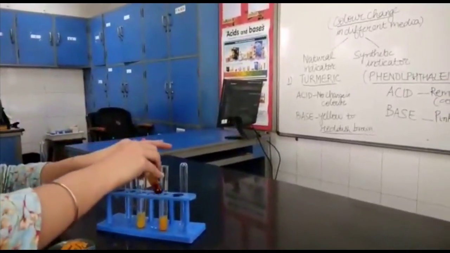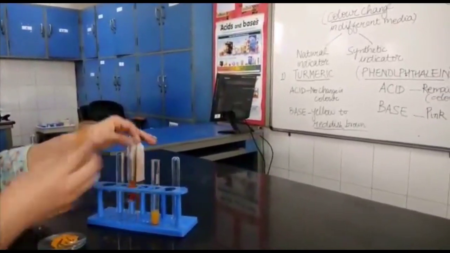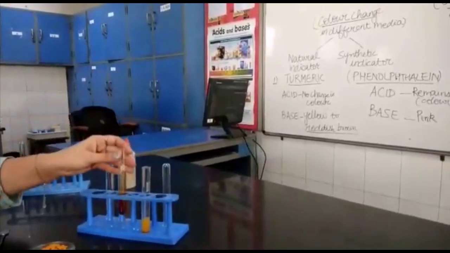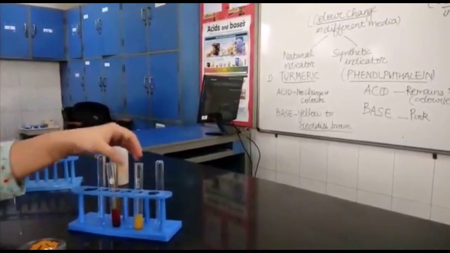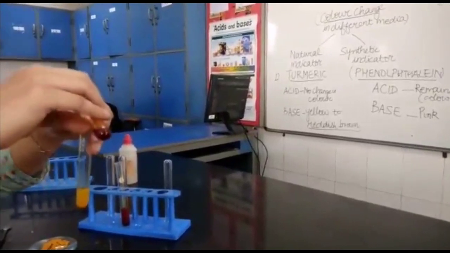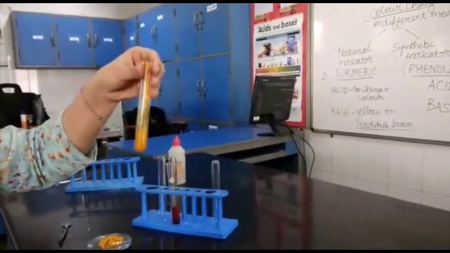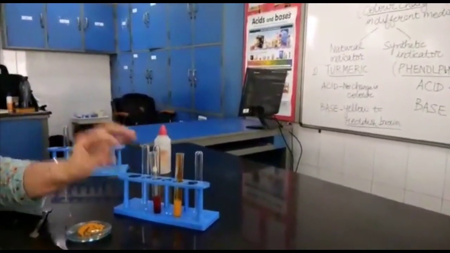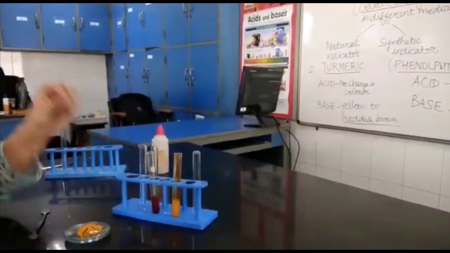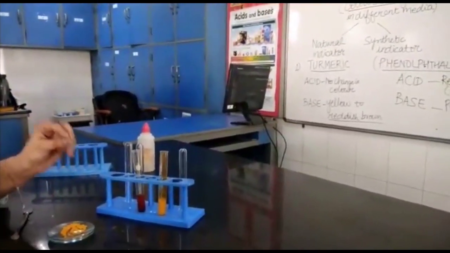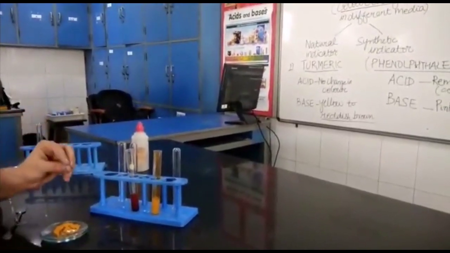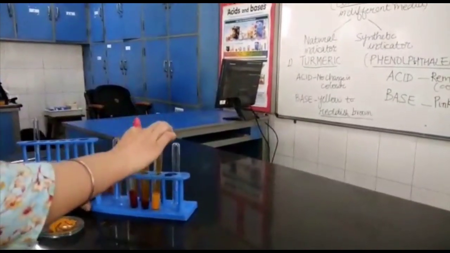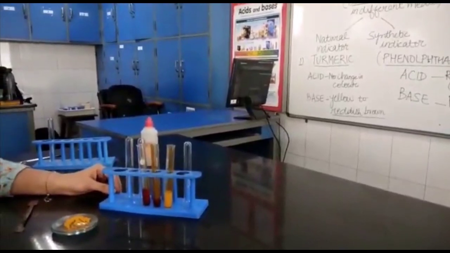The test tube in which the reddish brown color of the turmeric remains red confirms that it is a neutral solution, whereas the test tube in which the reddish brown color of the turmeric turns yellow confirms the presence of acid, as it has performed the neutralization reaction in which the turmeric remains yellow after the reaction has taken place. So the same experiment can be performed by the learners at home as well.